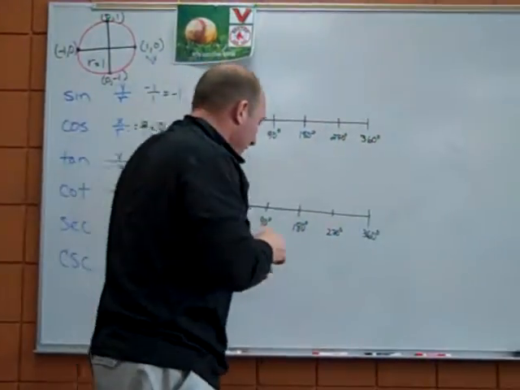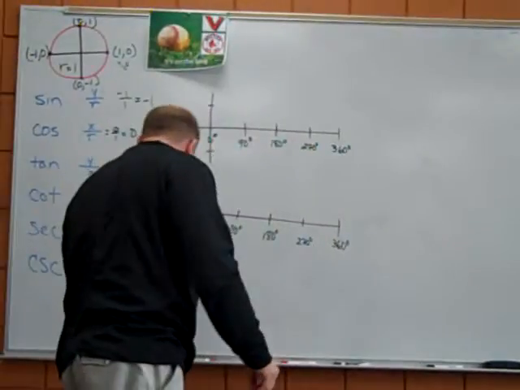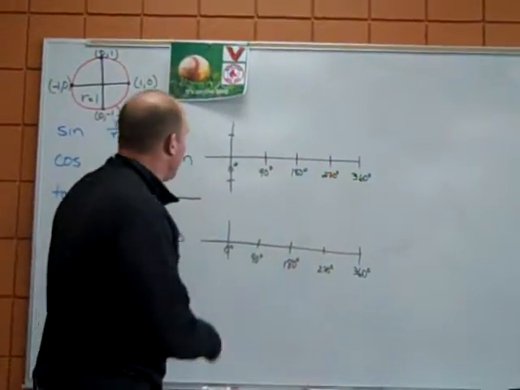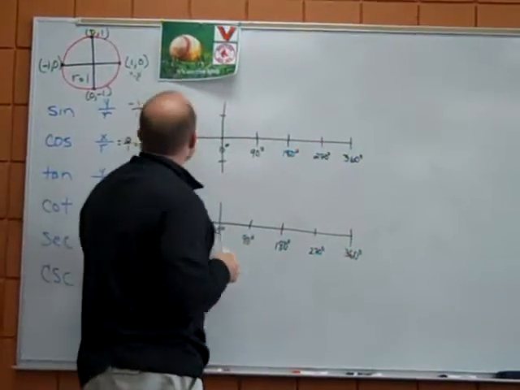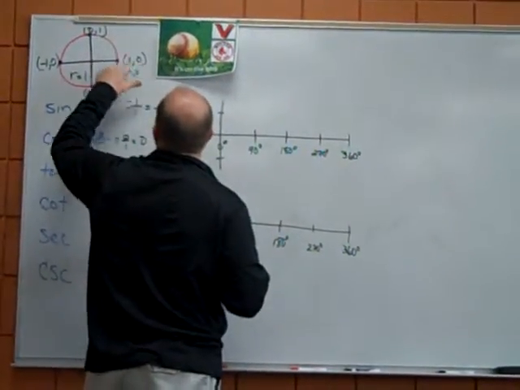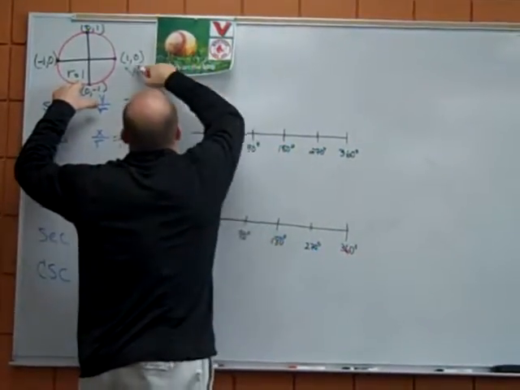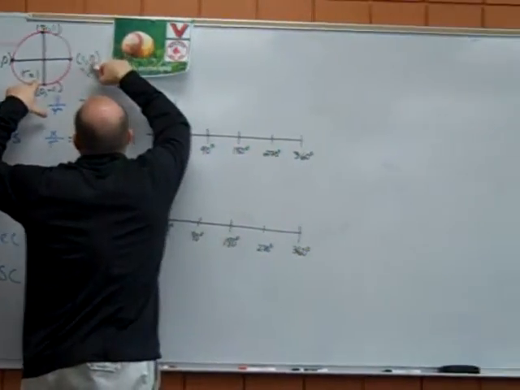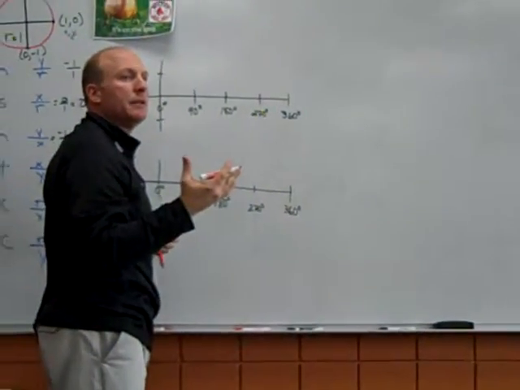I'm going to show you another method. And this is one that I will always use because like I've told you before, I'm very visual. What do we say that the sine of 0 is? Sine of 0 would be y over r, which is 0 over 1. 0.